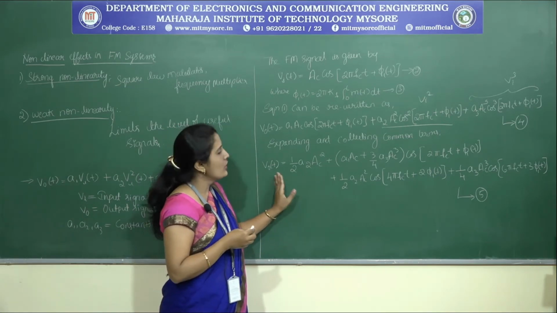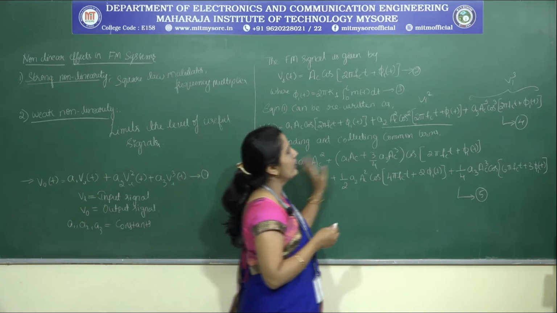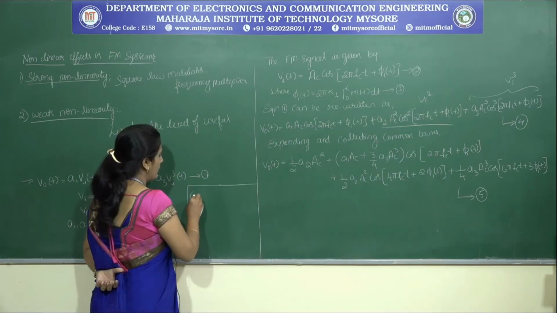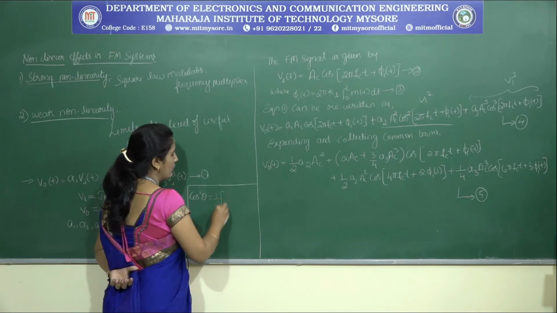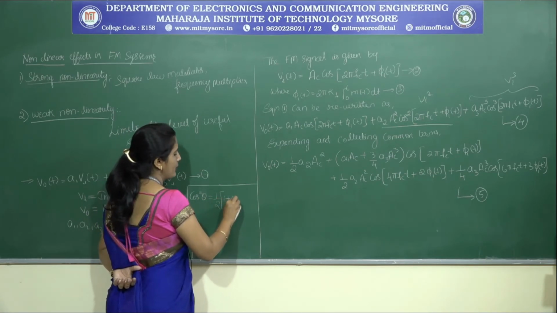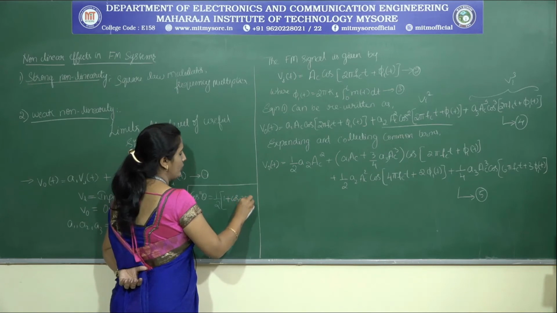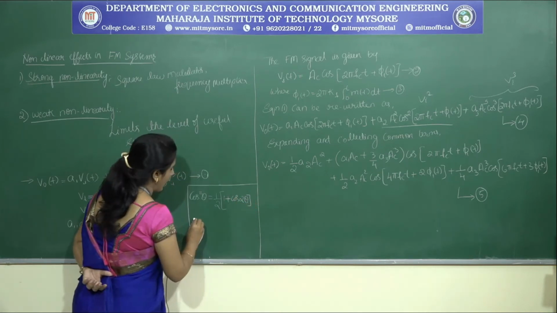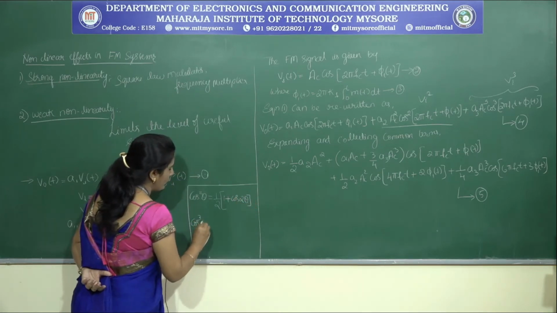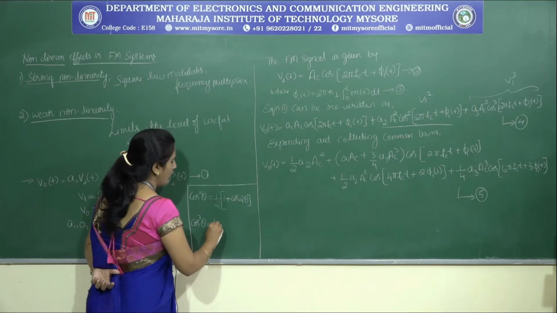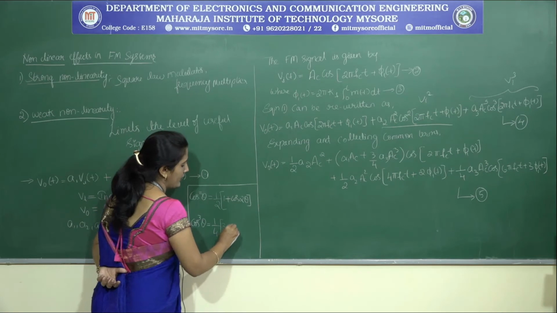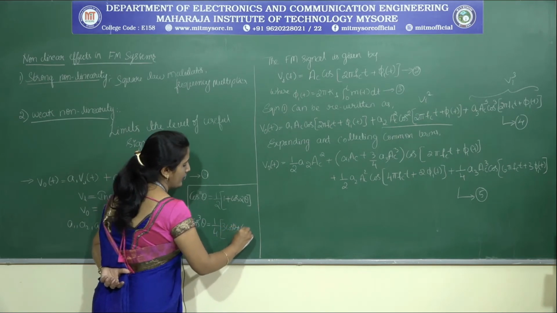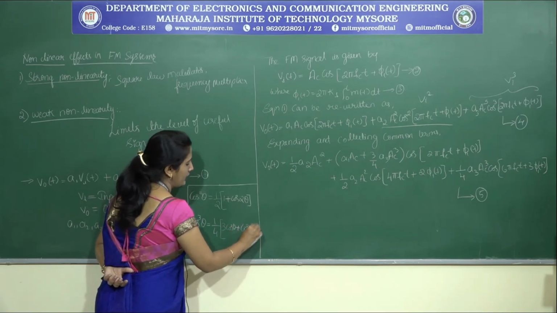After this, expanding V naught of t and collecting all the common terms, we are going to reduce this equation. Before that, we all know that cos square theta is equal to half into 1 plus cos 2 theta, and cos cube theta is equal to 1 by 4 into 3 cos theta plus cos 3 theta.